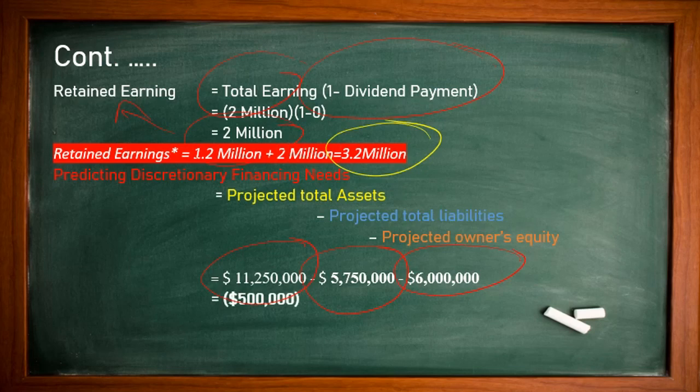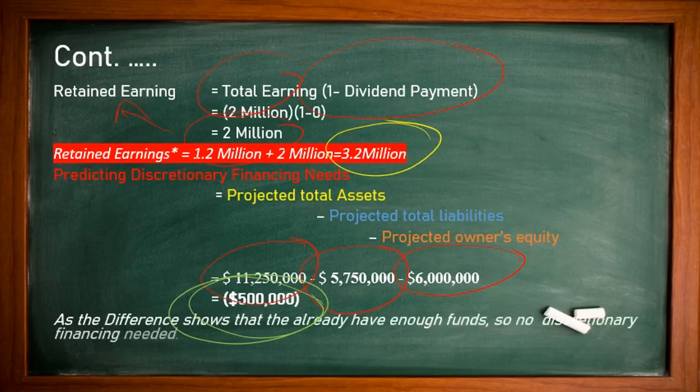It means here we have owner's equity along with the liability that is more than the required amount. We can say that the difference shows that we already have enough fund. So no need for discretionary financing. We don't need finance from other sources. We already have a lot of money to manage 15 million of sale.